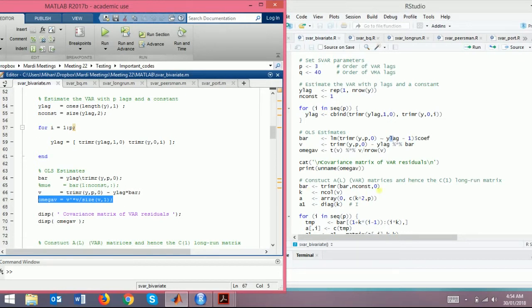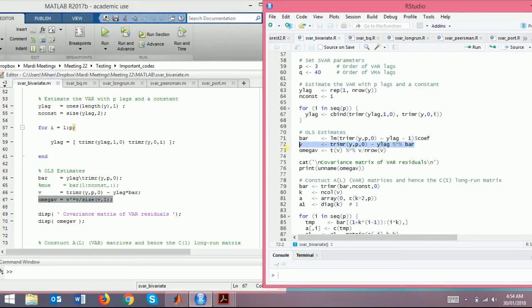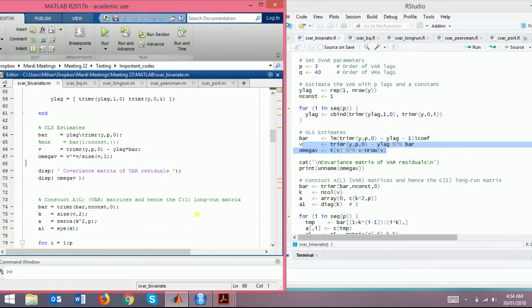So simply we have the same thing as we did before. So yp, ylag, y, then omega is v multiplied by its transpose divided by number of rows. See, that's what I just said, number of rows of omega. Then concatenate and display. So the first stage is done.